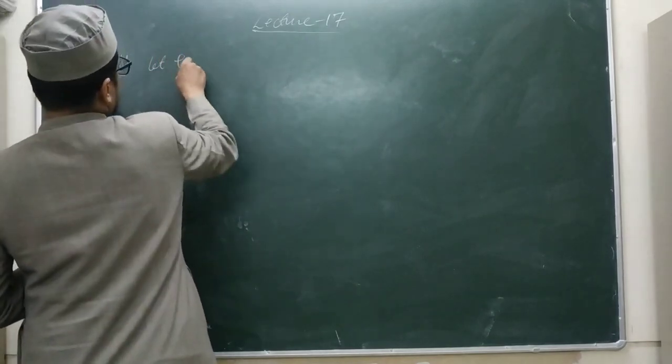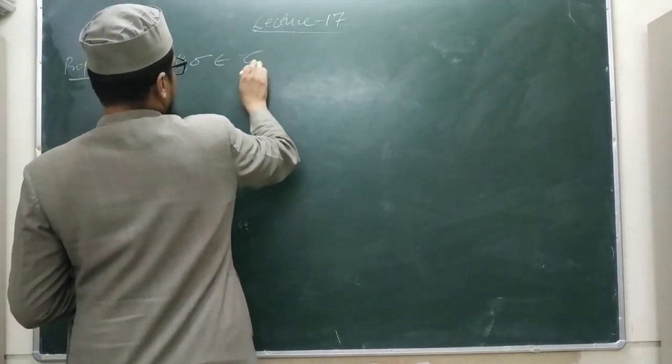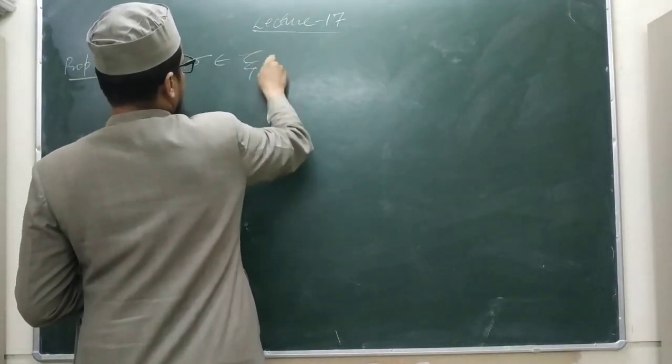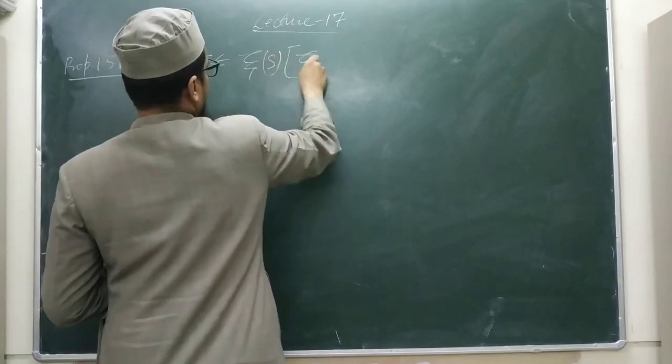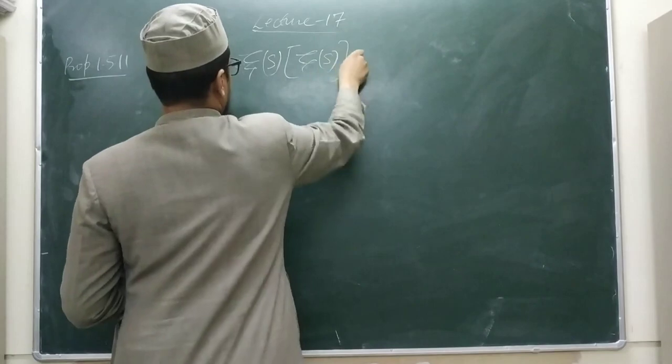Let rho, sigma belong to the lattice of equivalences or the lattice of congruences.